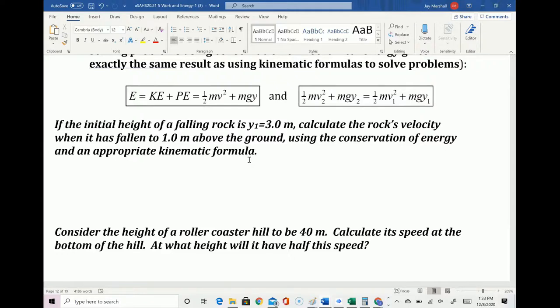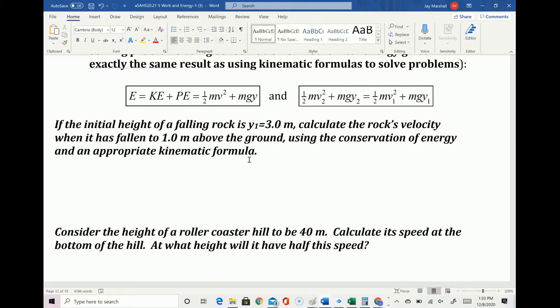If the initial height of a falling rock is 3 meters, calculate the rock's velocity when it has fallen to 1 meter above the ground using conservation of energy and an appropriate kinematic formula. So I'm going to do this two ways here.